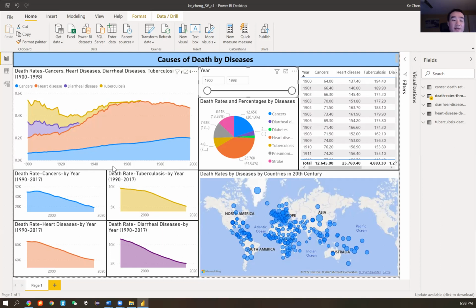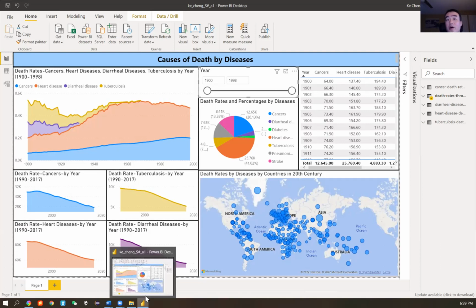Then it analyzes the facts and the trends of all the diseases by Power BI to implement some visualizations. It will allow the users to understand the current situation of the main diseases in the world to make judgments and decisions. Okay, that's all.